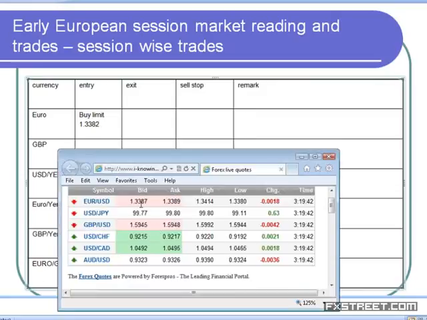Currently the market is around 1.3387. Just 5 pips below, we try to keep a buy limit order. See why we keep it?